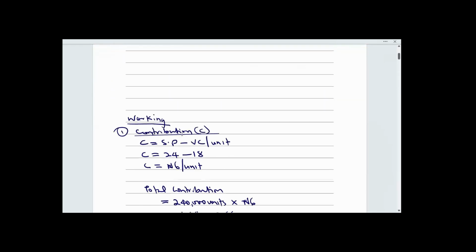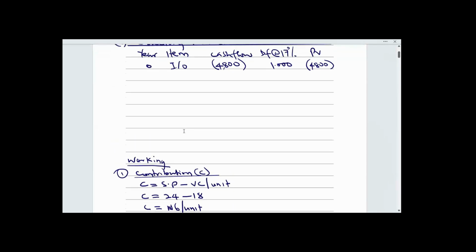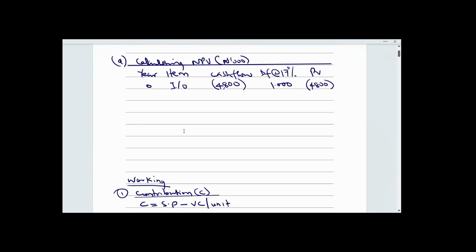Then annual cash flows. We have calculated contribution to be 1,440,000. The useful life of this project is 10 years. Our contribution is constant, 1,440,000 for year 1 up to year 10. Therefore, I need to calculate the annuity factor of year 1 to 10 for my contribution.